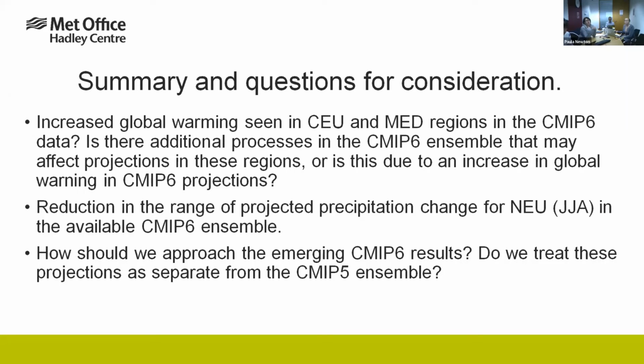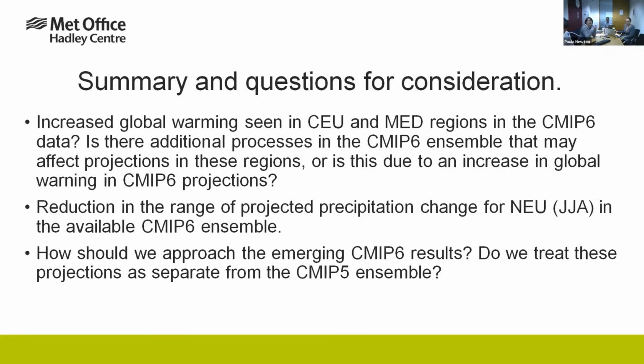It doesn't look like most of the changes are in the global, maybe some differences in the Central European region. And the main difference in precipitation seems to be the reduction in the projected range for Northern Europe in the summer. Otherwise, there's not a lot of difference between the two ensembles.